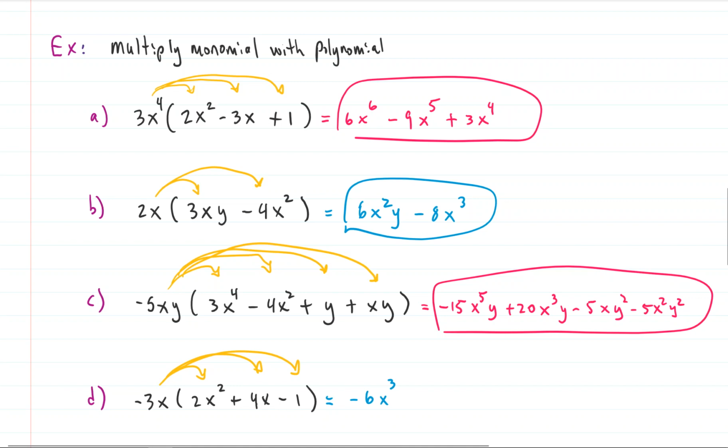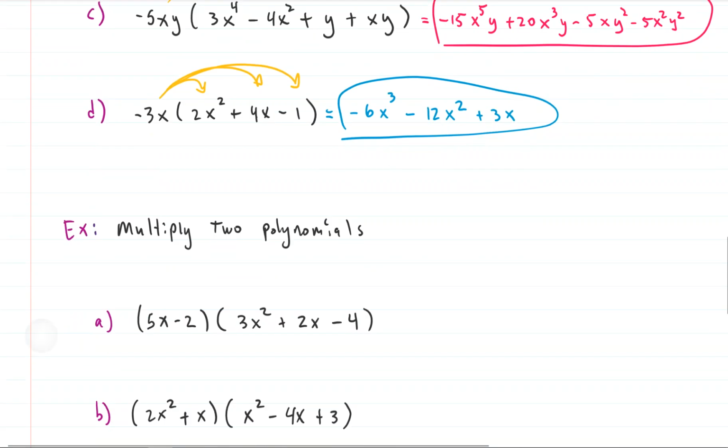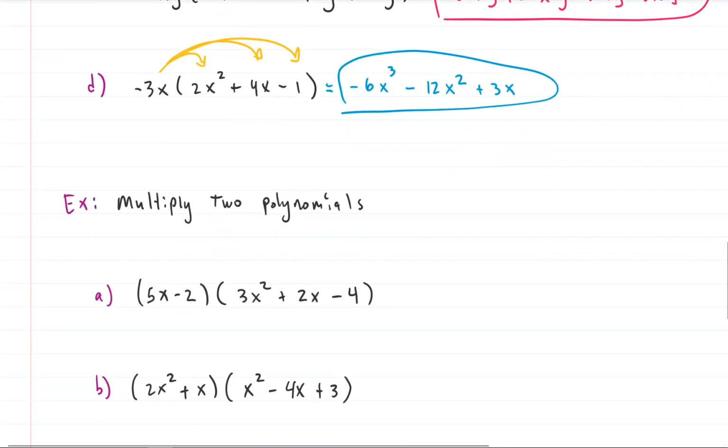Negative 3x times 4x gives us negative 12x squared. Negative 3x times negative 1 gives us positive 3x. And we're done with that one.